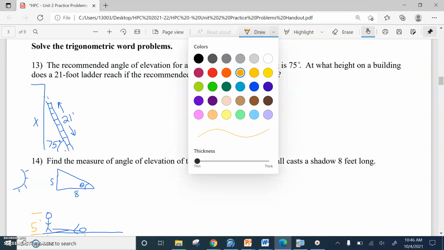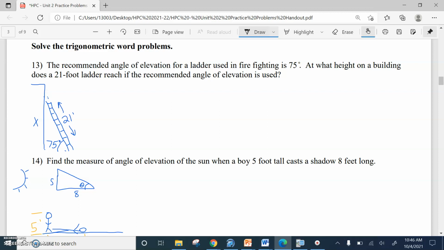So if I were to draw this out in a triangle, it would look like this. It would say 75, x, and 21. So given that information, we can look at that and say, well, we have the opposite side length and the hypotenuse.